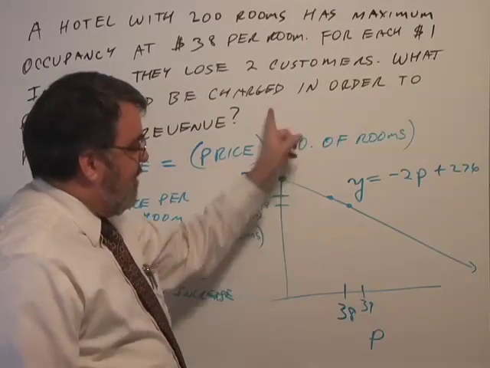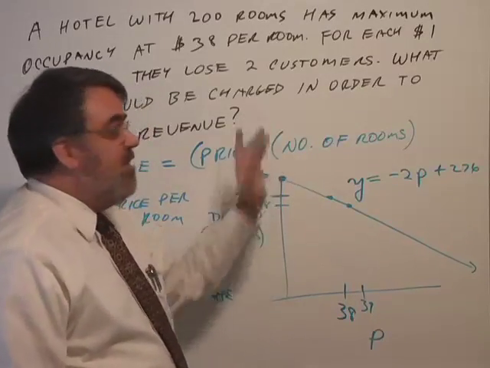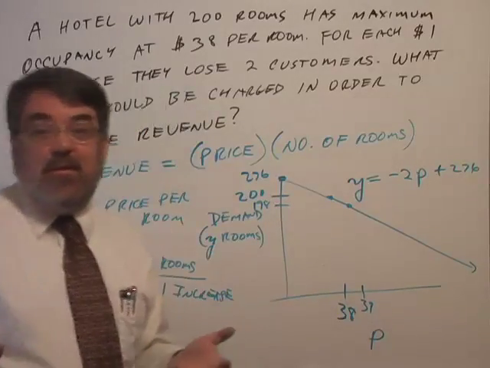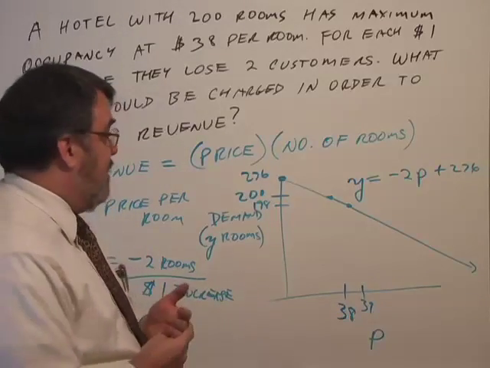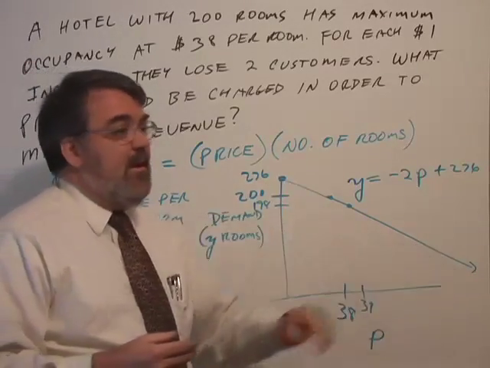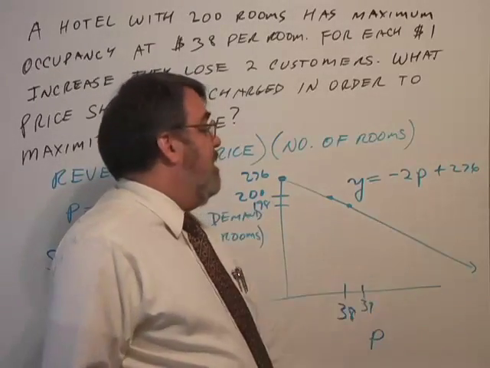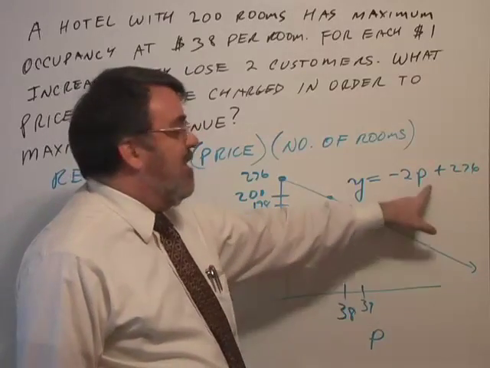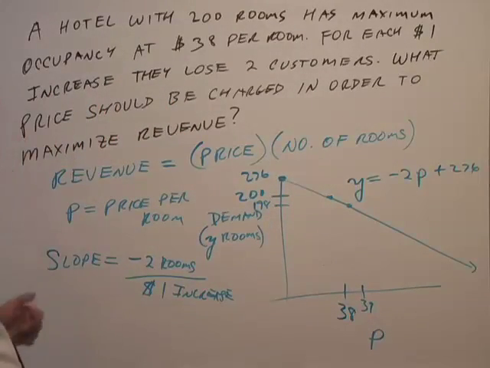Twice 38 would be 76. And so by the time I got down to 0, I should have, theoretically, 276 customers. I have a feeling they would probably have a lot more customers, but just to get this line drawn, the y-intercept is 276, slope is minus 2, and this is my horizontal variable, normally x, but I call it p this time, and here's my vertical variable y. So there is a linear function describing the demand.